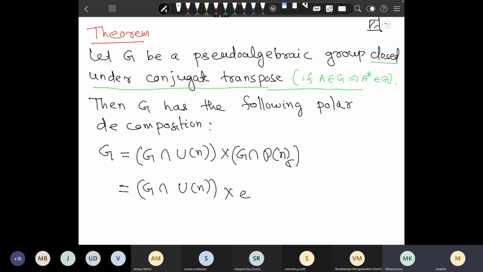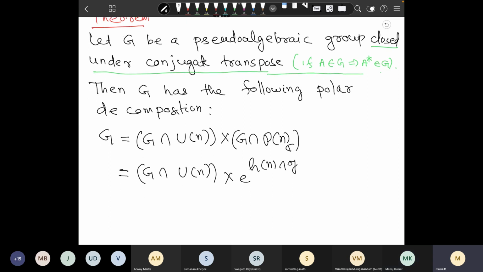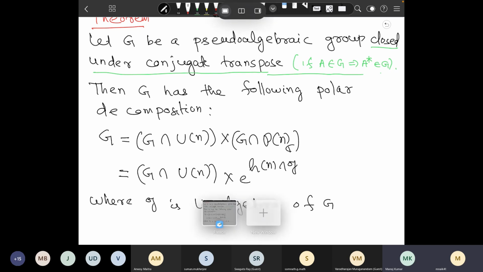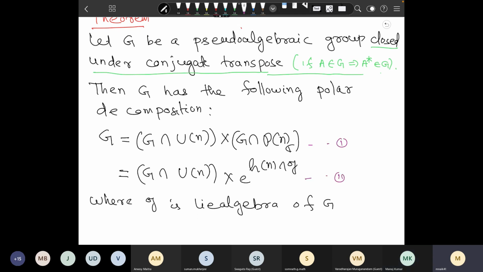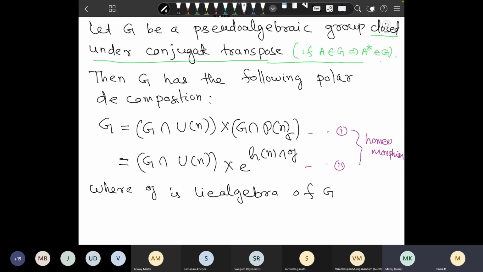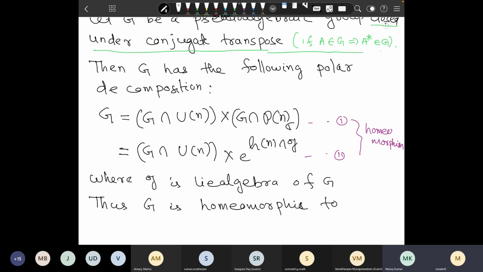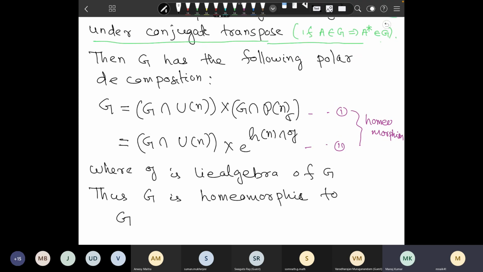So this will be e to the power of Hn intersection the Lie algebra of G. So these things are a homeomorphism. Thus G is homeomorphic to G intersection Un times the exponential of Hn intersection the Lie algebra of G.